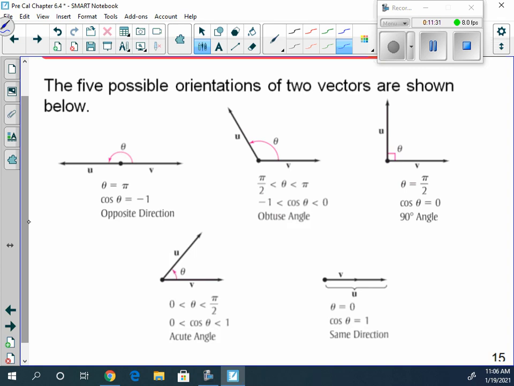Now, there are 5 possible combinations that we could have of these here. U and V are in opposite directions, it's 180 degrees, or equal to pi, and cosine of theta equals -1. So it's saying it's going to be in opposite directions. U dot V, if we get negative.